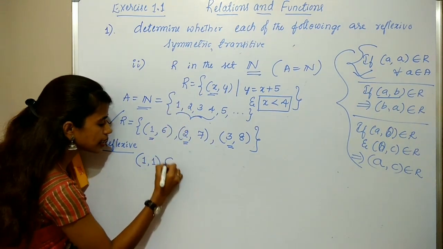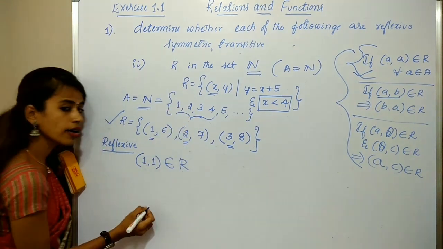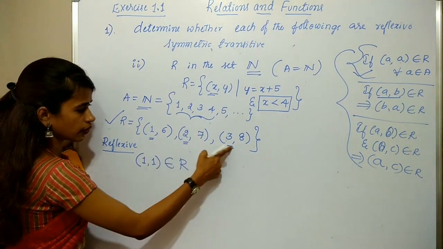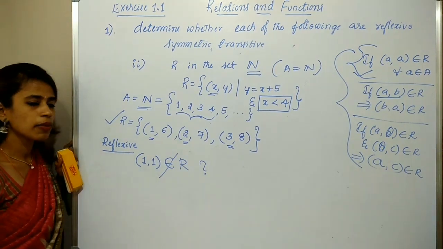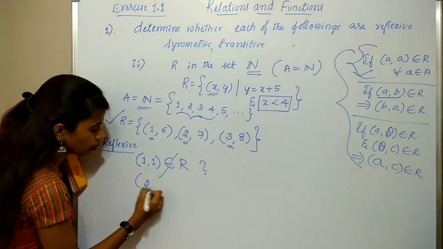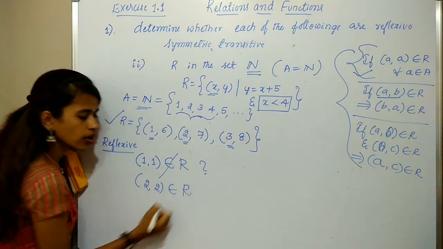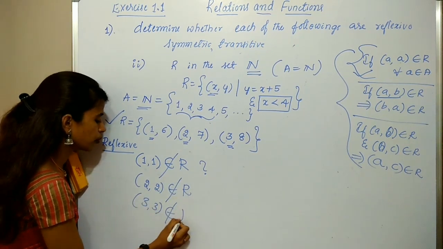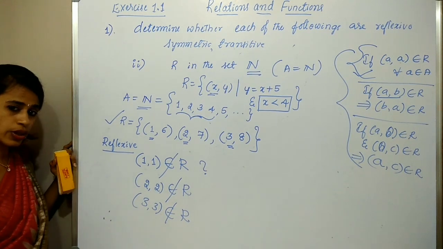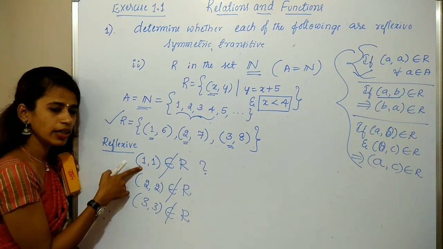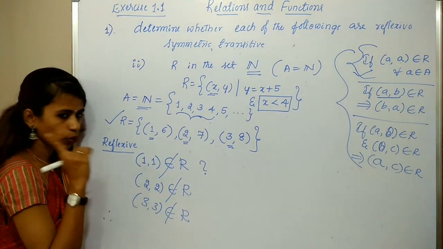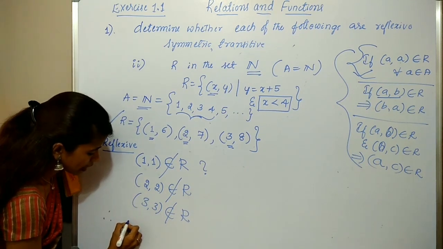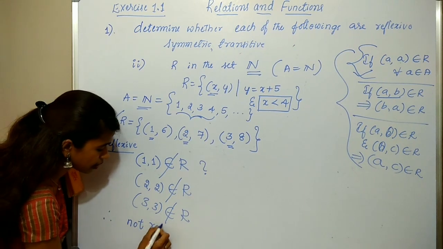Does (1, 1) belong to R? No, (1, 1) does not belong to R. If I take 2, does (2, 2) belong to R? No. (3, 3)? No. Therefore, we conclude, checking only one element is enough, you must write only one element. Therefore, it is not reflexive.